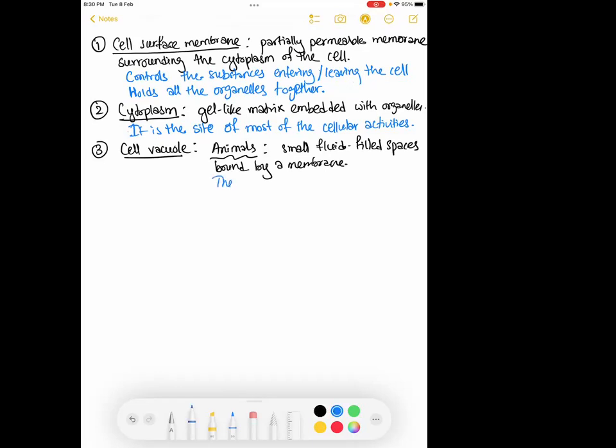Basically, they store water and food substance. Not permanent.